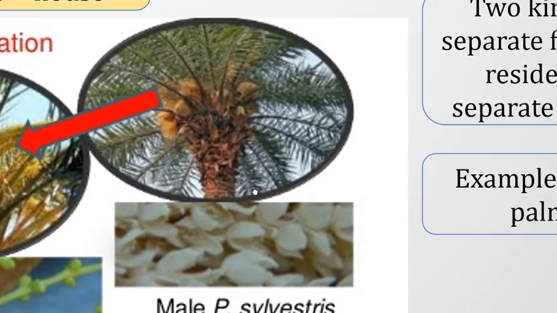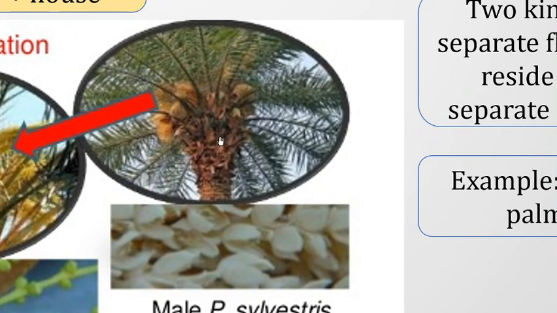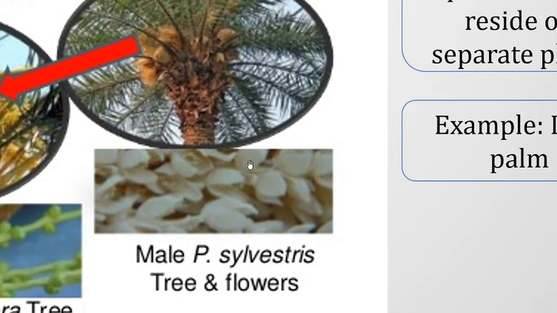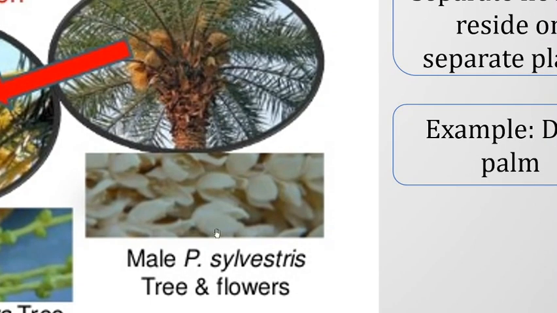And the one on the right is also a male plant, but it is the date palm found in the Indian subcontinent and Bangladesh. Its scientific name is somewhat different, it is called Phoenix sylvestris. And this is also a male plant.